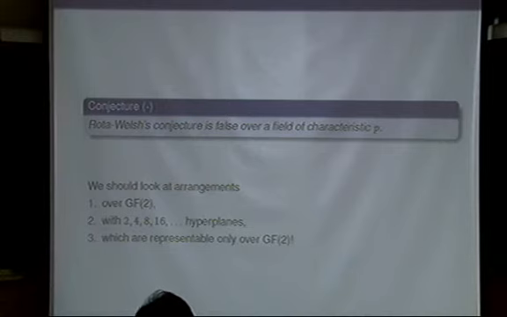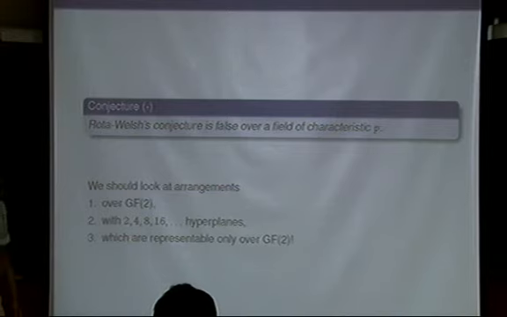And there is a strange tendency that if a matroid M is realizable over 2 different characteristics, then it is actually representable over characteristic 0. So we should search for this counterexample over characteristic 2 or some other small characteristic, with 2, 4, 8, or 16 hyperplanes, which is where we can expect that behavior when taking derivatives with respect to the variables.